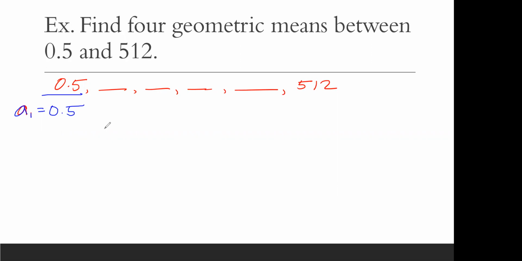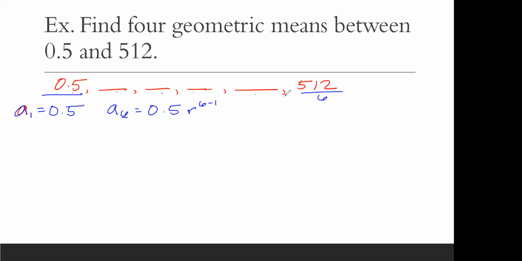We also know that a sub 6, because this is the first term, the second, third, fourth, fifth, this is the sixth term. A sub 6 is equal to 5 tenths, which is the first term, times the common ratio, which is what we're looking for, we're calling that r, to the power of n minus 1. So n is 6 minus 1.